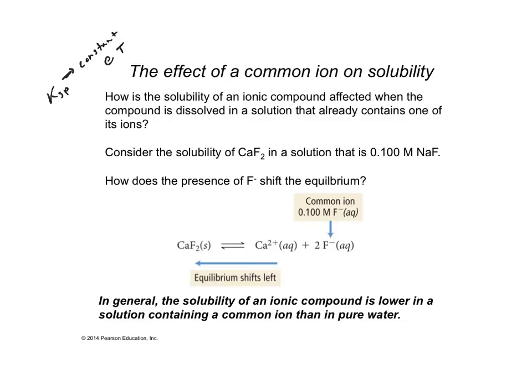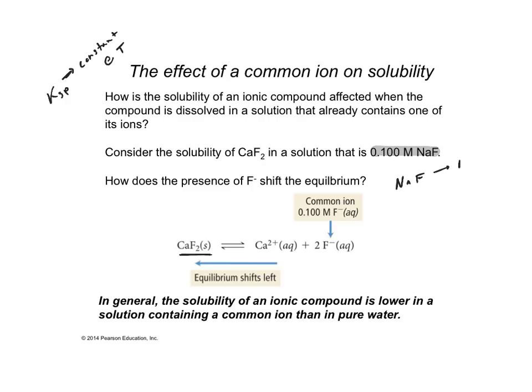So let's say that we had some sort of solid salt, something like calcium fluoride, and we wanted to dissolve calcium fluoride into solution. But let's say that solution already had a 0.1 molar concentration of fluoride ion, which is a common ion. Sodium fluoride is a very soluble salt.